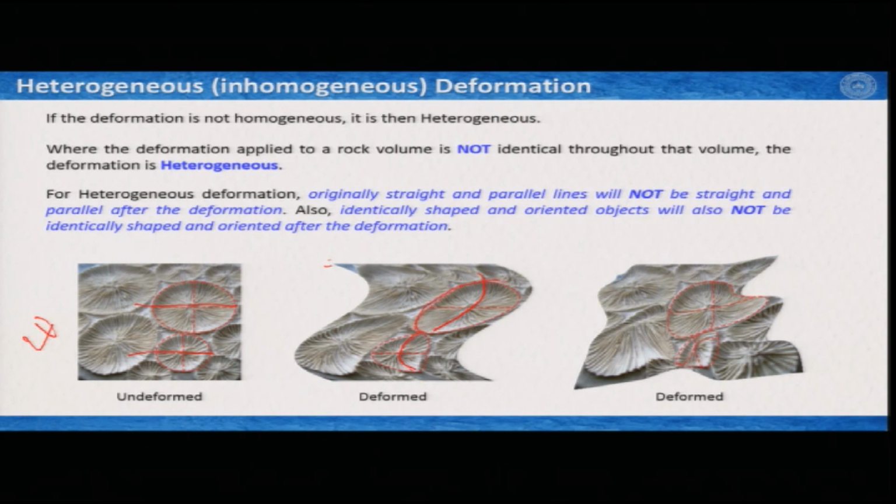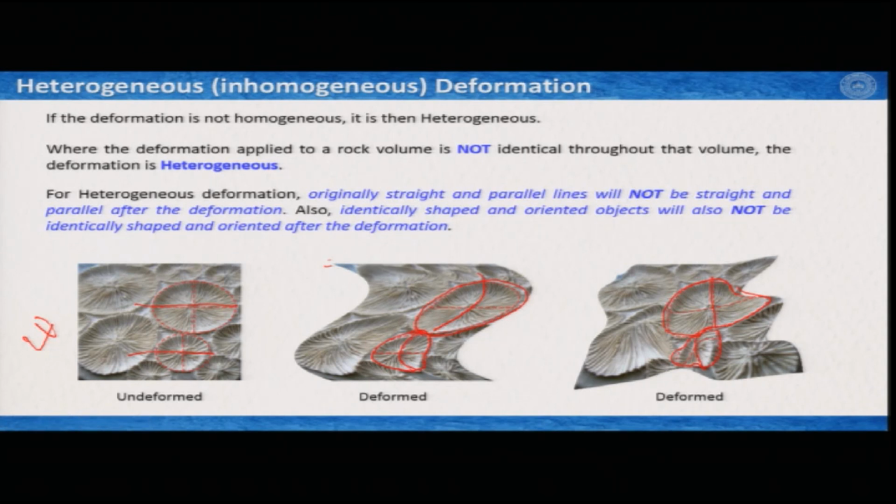The shapes here also changed, so therefore this is essentially a heterogeneous deformation. And in the next case, which is sort of crumbled, but the volume more or less remained the same, you can see here, the parallel lines are not parallel, and also the shapes are different in different objects which were initially similar to each other.